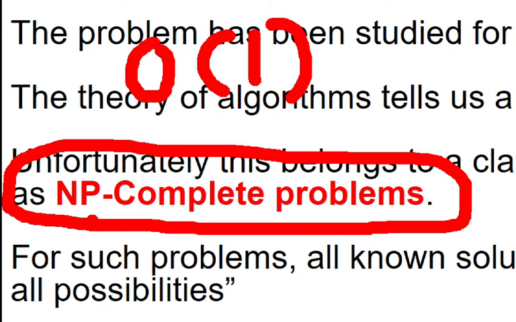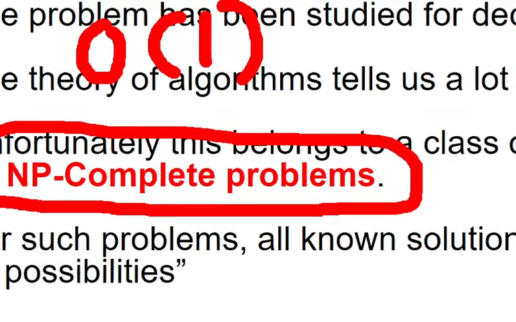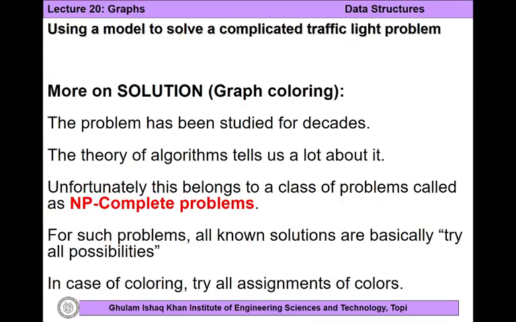That is why to solve such problems it will take order of n square or order of n cube time. But if we have a non-deterministic computer, which does not exist in reality but theoretically we can have such a computer, then on such computers these problems get solved in order of one time.